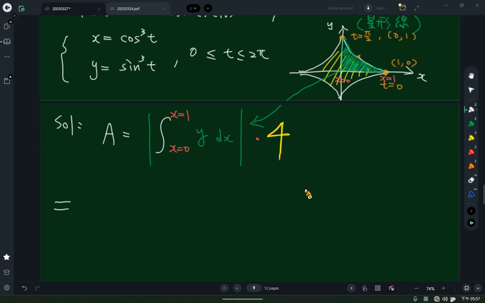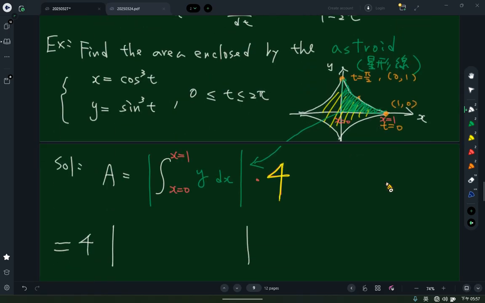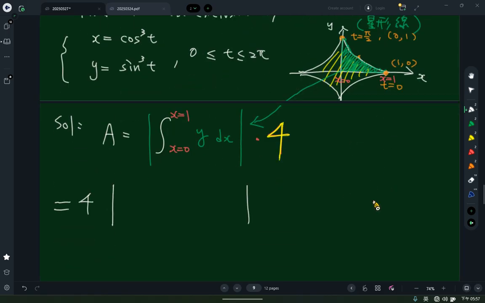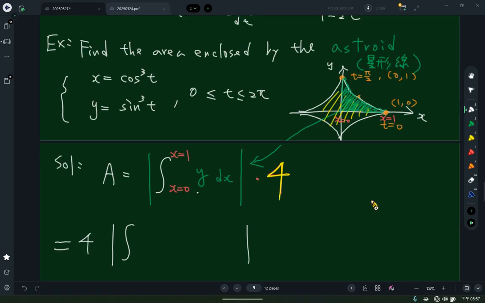Then we can simply move 4 out of this expression. Then integral from, okay, then you can see y has been described as this one, right?